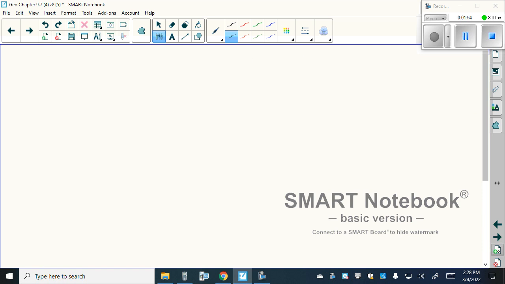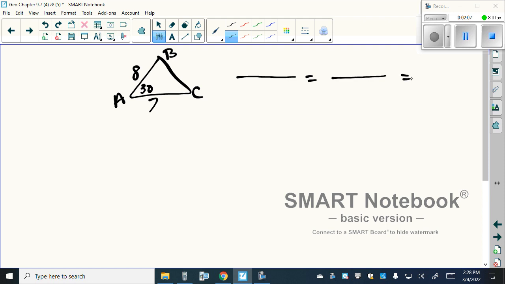To visualize that, if we're given a triangle and told that this is 30, 8, and 7, A, B, C, and we look at the three examples for law of sines, it's a over sine of A, but we don't know what side length a is.